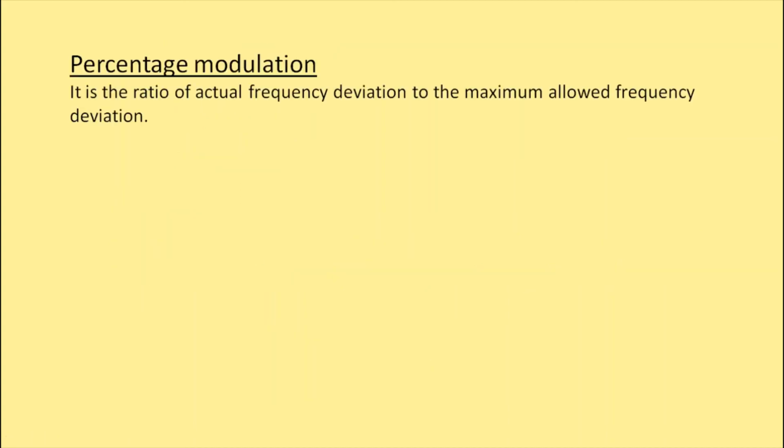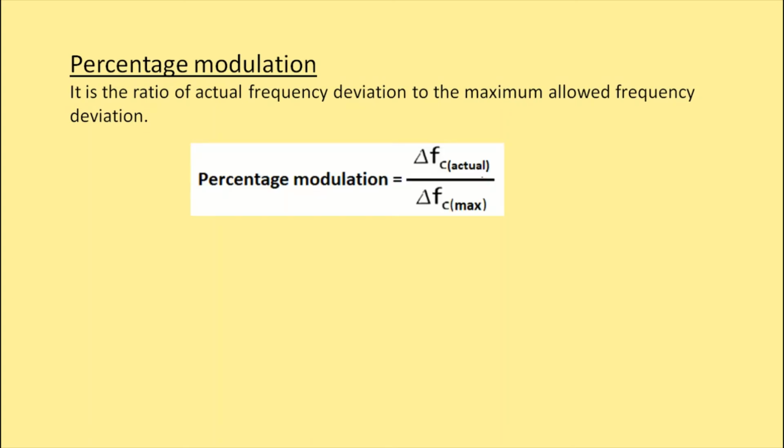Moving on to the last definition, that is percentage modulation. Unlike amplitude modulation, here percentage modulation calculation has a different formula. You represent it as a ratio of delta FC actual by delta FC max.